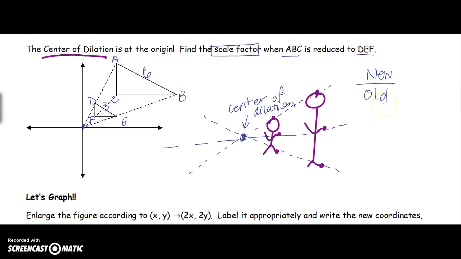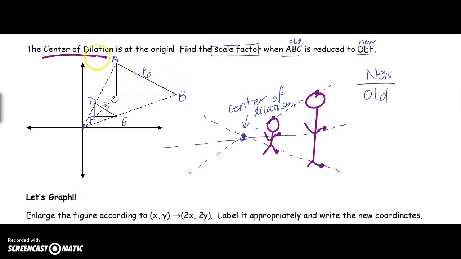Okay, so that's how we're going to find the scale factor. ABC is our original, which is our old. DEF is our new, and that's what was created after we had our scale factor.